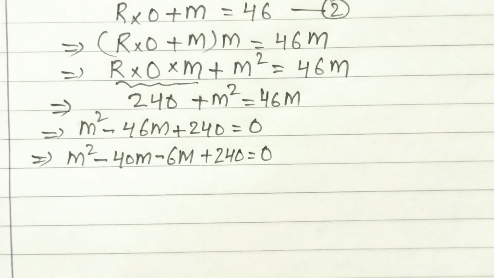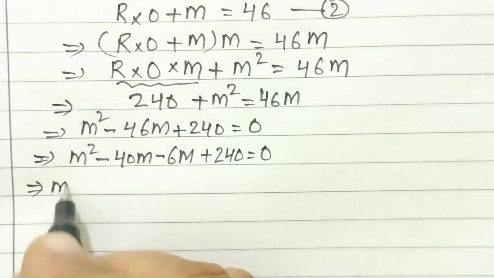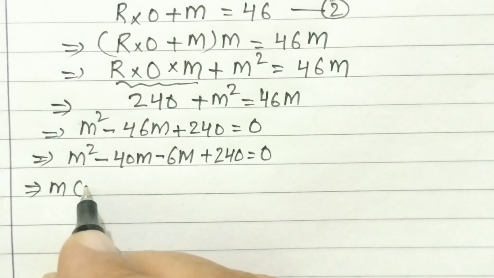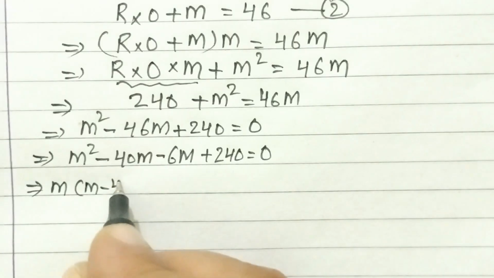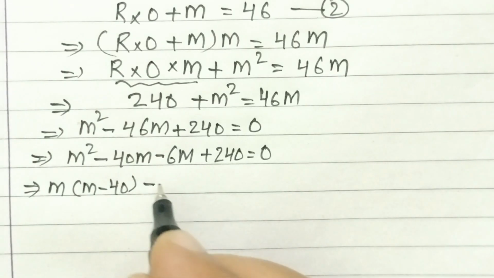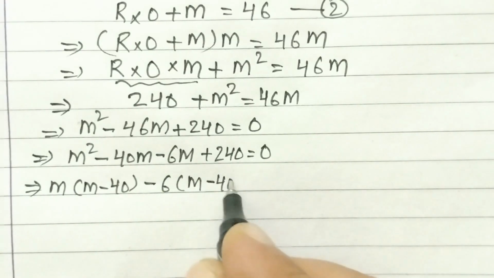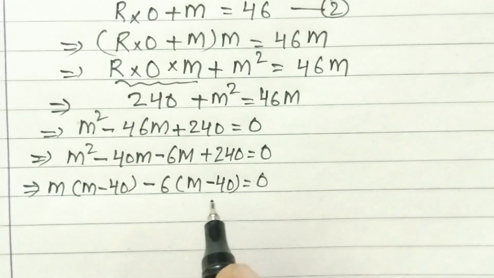Taking M common, M times (M minus 40), and taking 6 common, minus 6 times (M minus 40), is equal to 0.